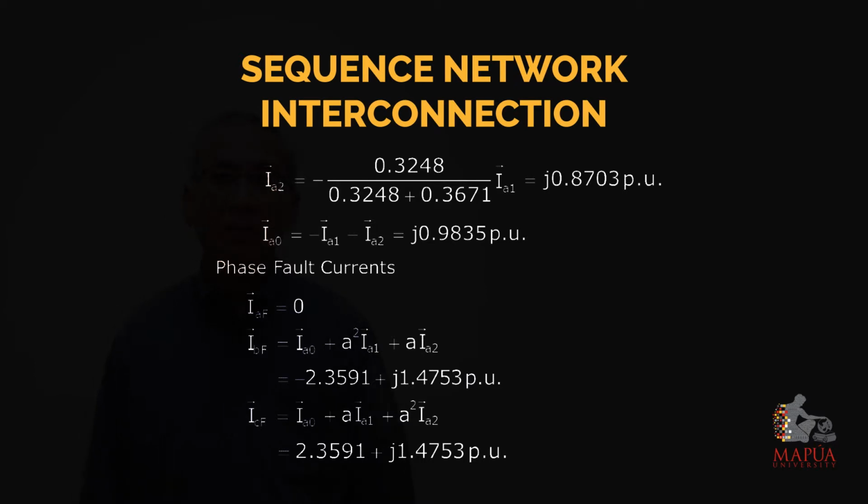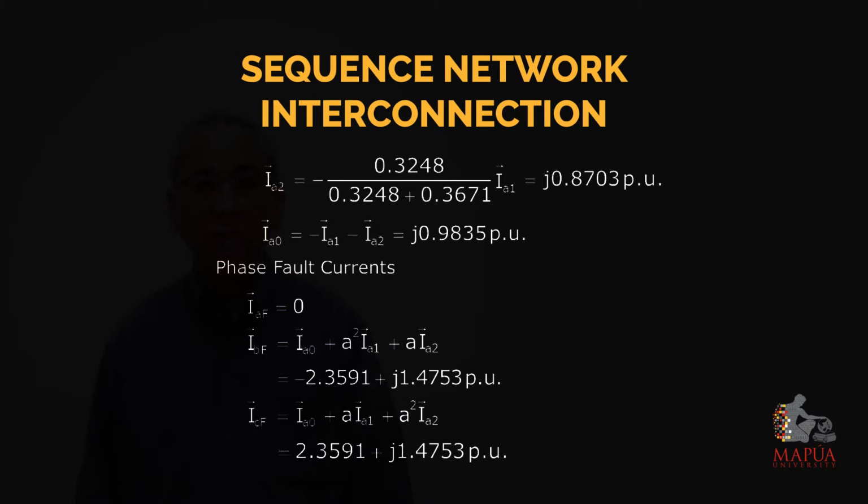And by Kirchhoff's current law, we can solve for IA0. That gives us negative IA1 minus IA2, equal to j0.9835 per unit.